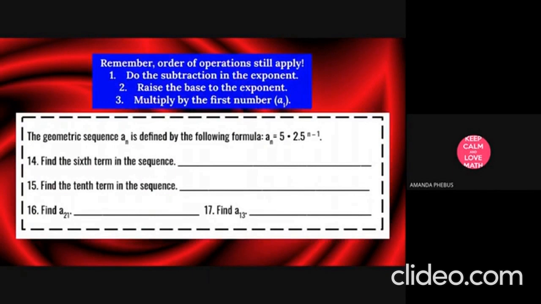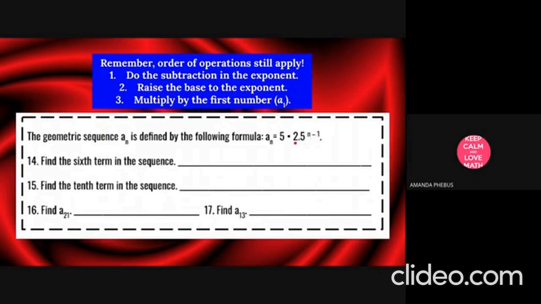Now, if you are using a graphing calculator or a graphing calculator app, you can shove the whole entire thing into the graphing calculator, hit enter, and get the right answer. But if you have a different calculator where you have to do it a step at a time, you need to make sure that you are following the order of operations. So you're going to do the subtraction and the exponent after you plug in a number for n.